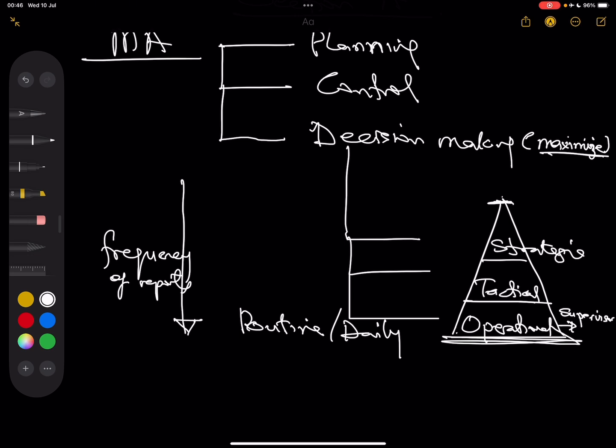Tactical level of decision making is usually less frequent and more short term, not routine, but still not a long term decision. Let me give you an example of operational. Maybe you are talking of staff signing or logging into the system.